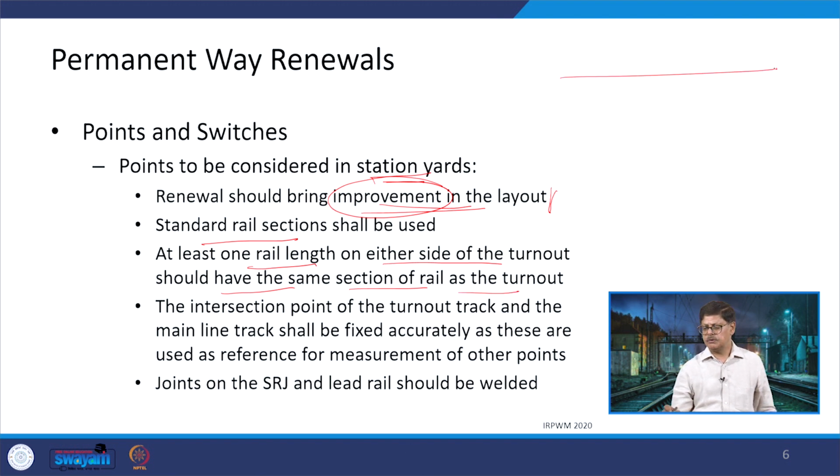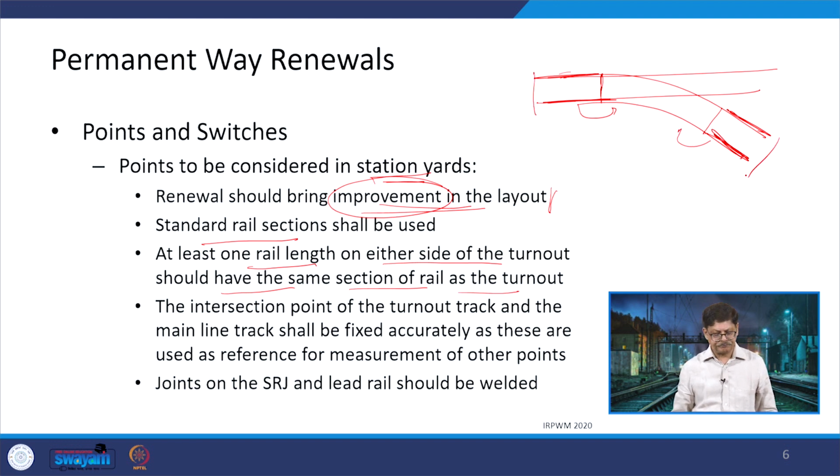So, if we are talking about a turnout and say it comes out in this form, what it says is on either side of the turnout. So, the turnout ends here, it starts from here. On either side means on this side as well as on this side. So, this rail section should be the same as that of the turnout. For a certain length it has to be the same.